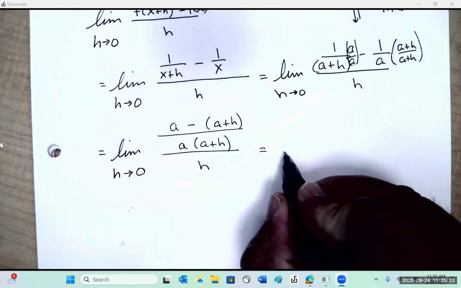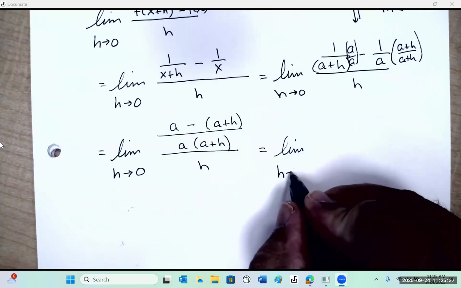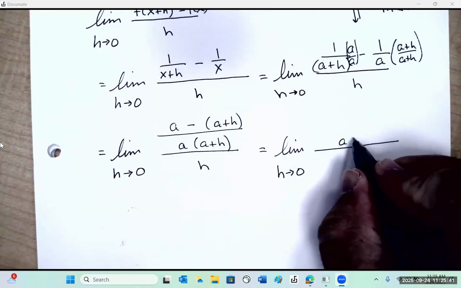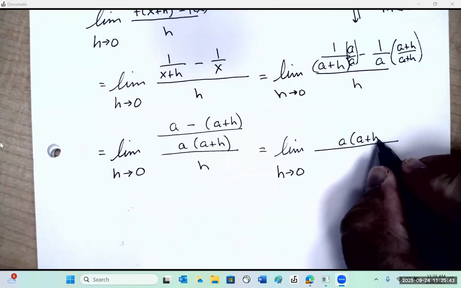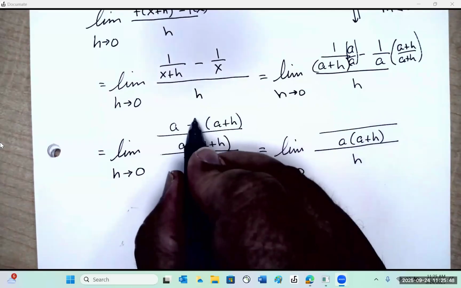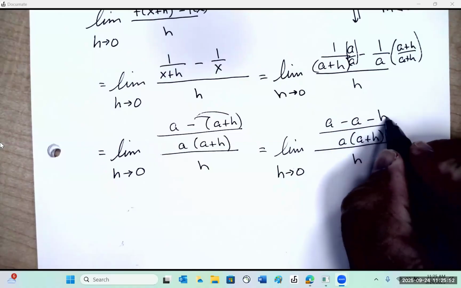We can go ahead and fix the top. We distribute that, so we have a minus a minus h.